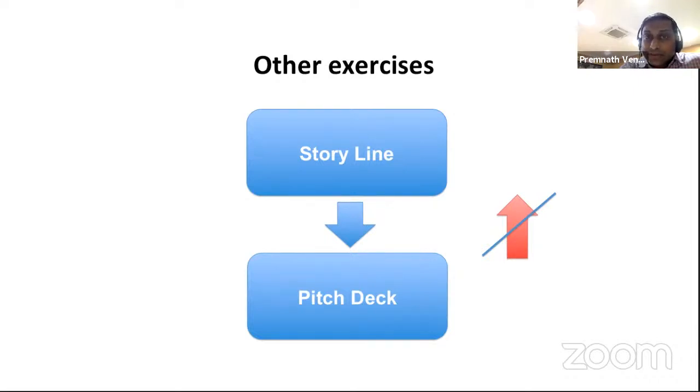Now, we want you to consider doing it in this sequence: do the storyline and build the pitch deck to reflect the storyline, and not the other way around. A typical temptation that everybody has is to recycle your slides. You make the slides and then try to tell your story. Please don't do that. It makes a huge difference if you write your storyline in a way that people understand and then make your pitch deck to suit that storyline.